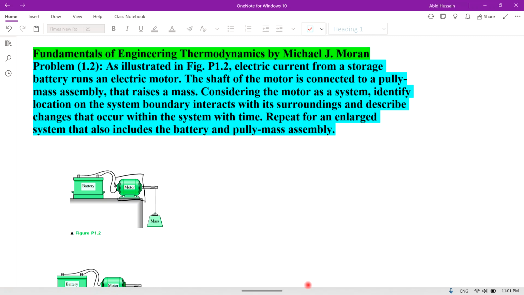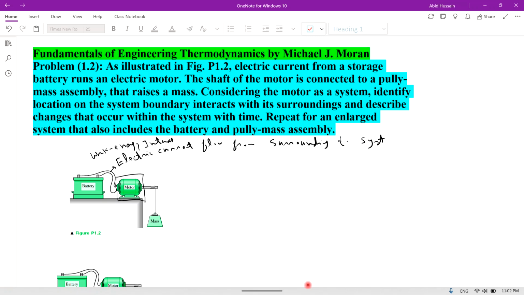First, when the battery supplies current to the motor, there is a work energy interaction, an electric work energy interaction, in the form of electric current flow in the wire, from surroundings to system, because in this case the battery is the surroundings and the motor is the system.